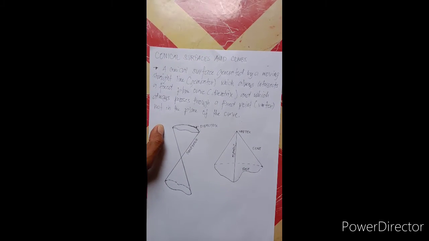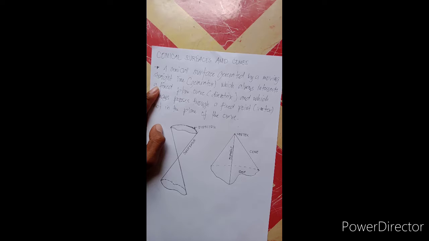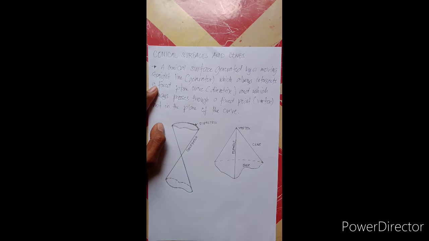Any line, not an element, tangent to any curve on a conical surface is tangent to the surface. A plane is tangent to a conical surface if it contains an element of the conical surface and a line tangent to the surface.